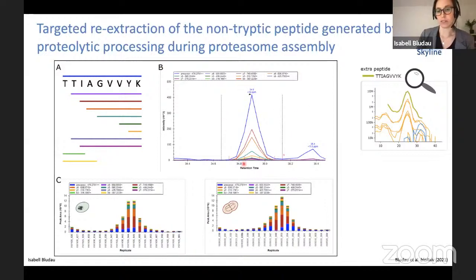And you can see that we've detected a very nice peak in this C18 retention time dimension, but if we look at the different fractions here just shown in the Skyline representation as different samples, you see a nice elution peak in both interphase and mitosis. And if we aggregate the signal, we actually see that this non-tryptic peptide nicely elutes together with the rest of the 20S core proteasome.